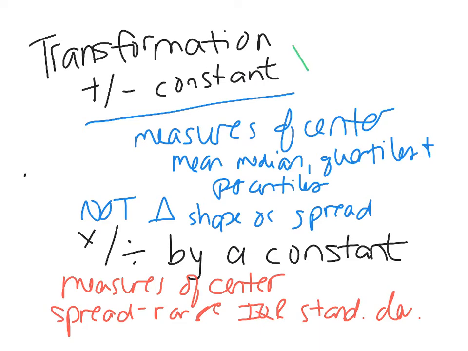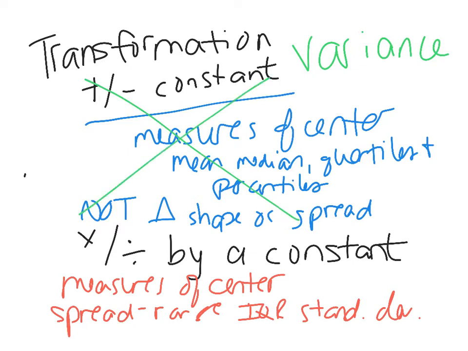Again, I'm not dealing with the addition or subtraction here, but if I multiply or divide my data set by a constant, when I'm figuring out the variance, which is important for figuring out standard deviation, I'm going to multiply by that constant squared. And you'll see that in these examples that we're going to do.